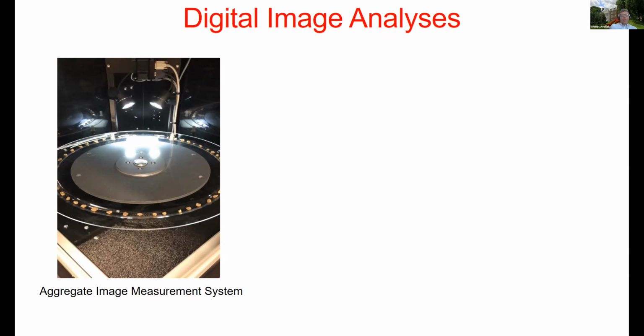We have this aggregate image measurement system in our laboratories that captures two-dimensional images by using a camera system. There's a tray that rotates, and you can capture images consecutively from different angles. And then the software, by using the imaging tools, combines those different images and comes up with a pseudo three-dimensional image, and then measures the different properties.